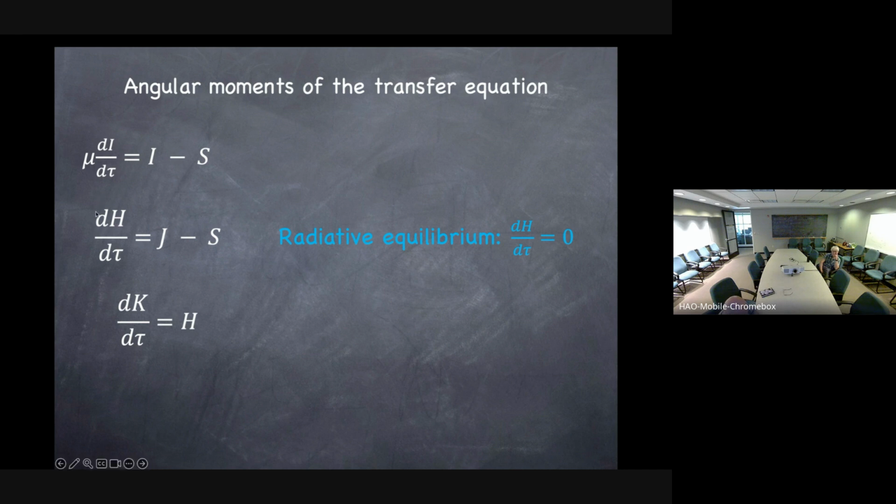So let's think about this. About 120 years ago, Schwarzschild suggested that the atmosphere of the sun, instead of being in convective equilibrium, and what's that? That's just stating that the divergence of the convective flux is 0 for the atmosphere of the sun.